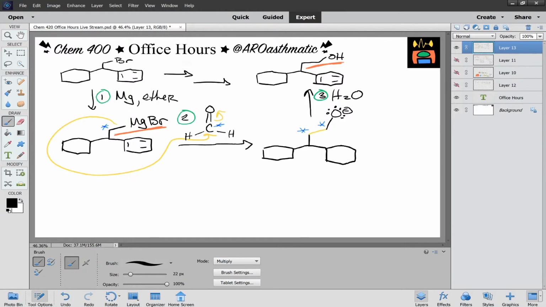All right, let's see. UV spectroscopy of organic compounds is usually concerned with electronic transition. Okay, so a little bit of what we talked about in Chem 400.